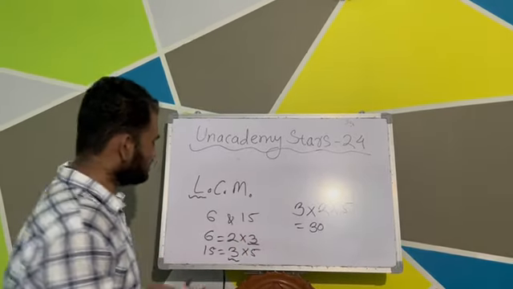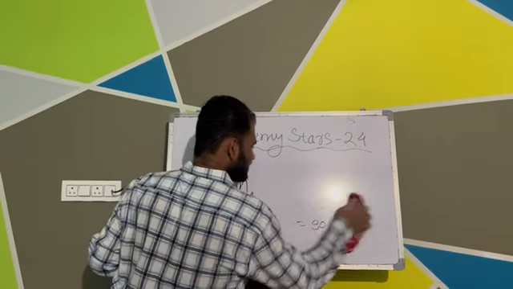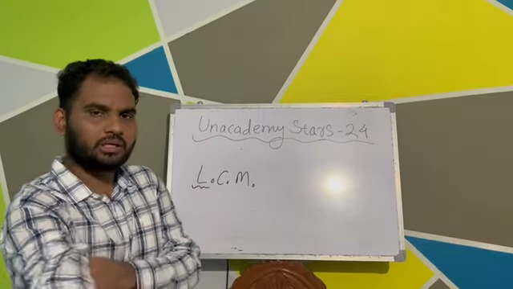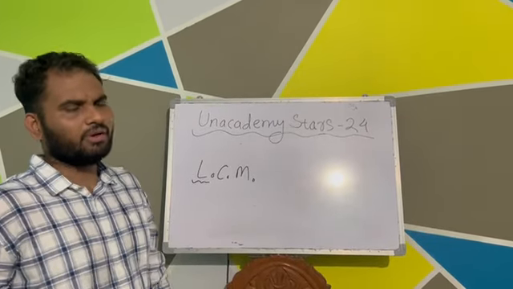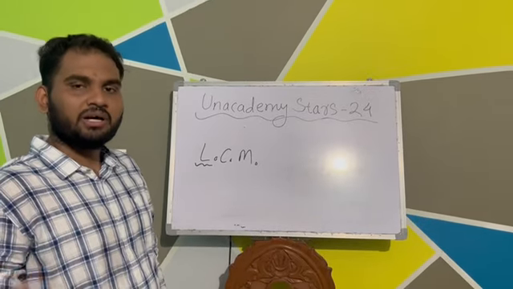Now after this, there are certain rules in LCM that we have to keep in mind for a quick solution. For example, when we have to find the LCM of numbers where one is a multiple of the other.